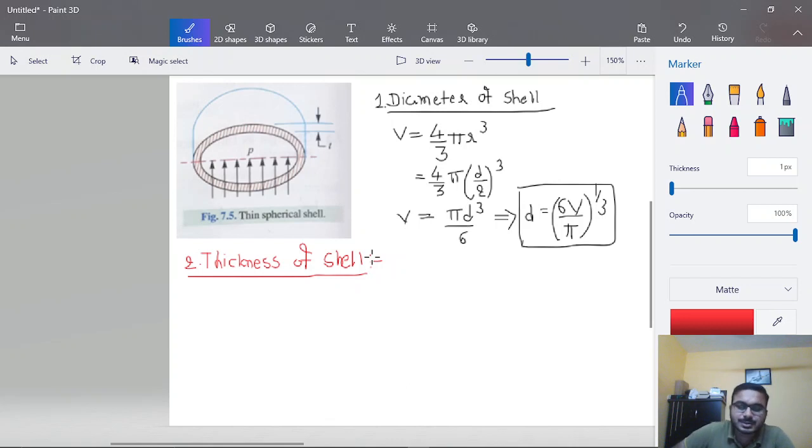Due to this internal pressure, this shell will rupture or fail from the center of the sphere.